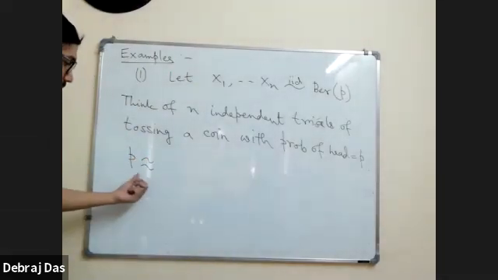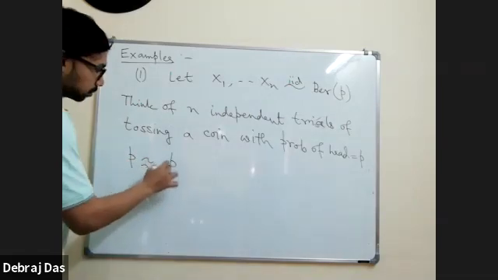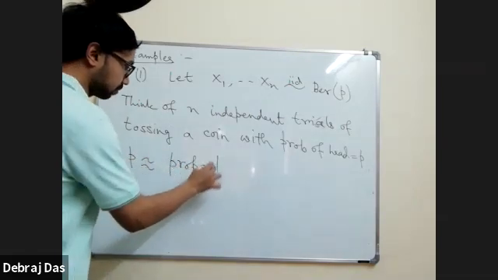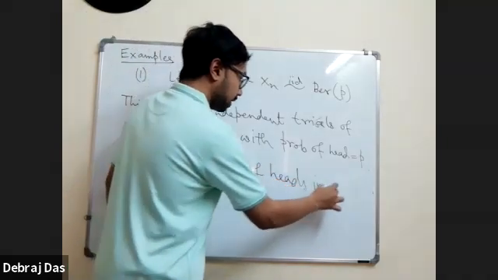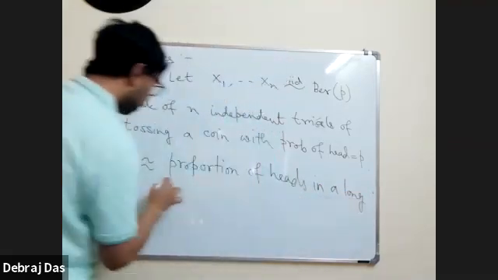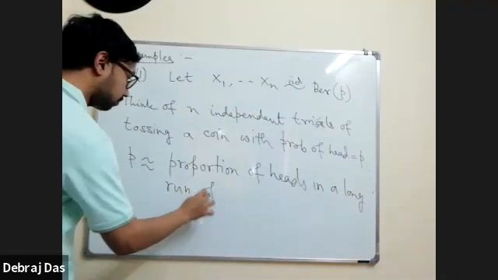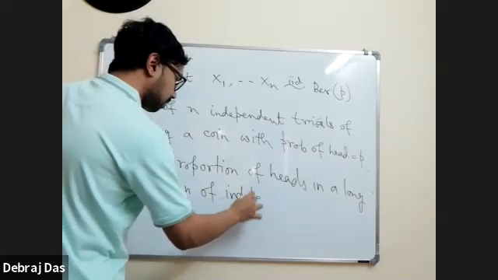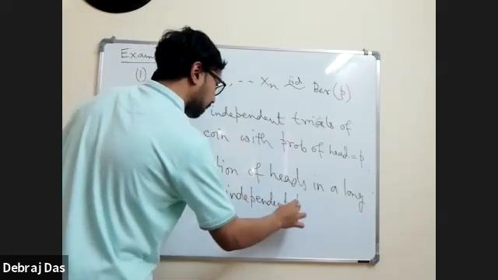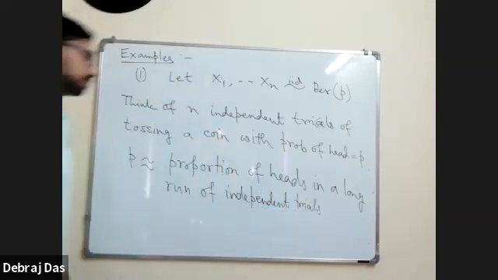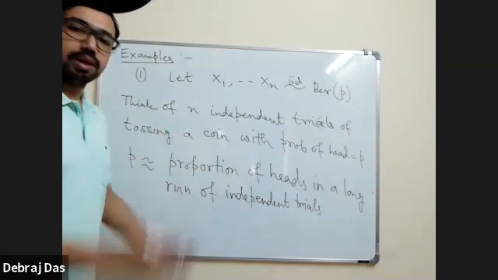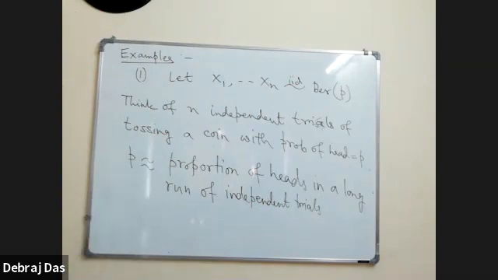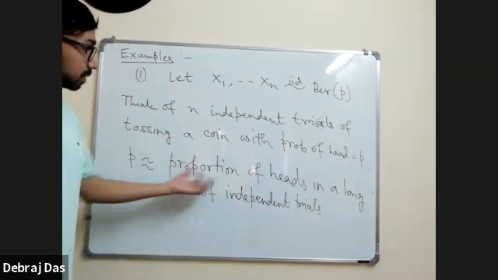The second one is nothing but P is approximately equal to the proportion of heads in a long run of independent trials. That is what P is actually. That is the definition of probability with respect to the relative frequency approach. So P is nothing but the proportion of heads.